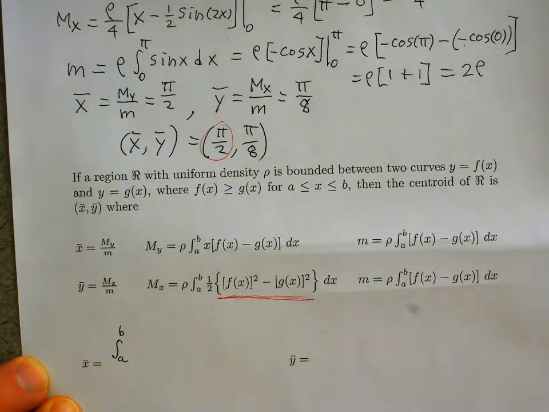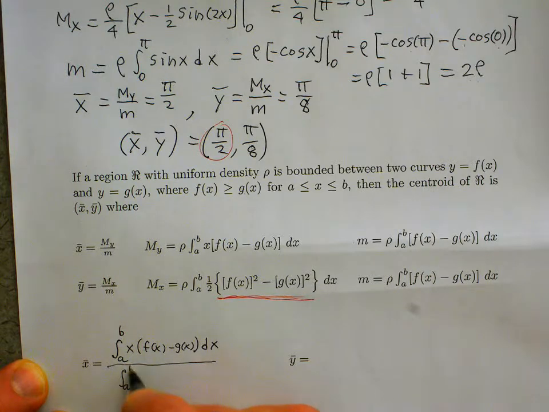So the definite integral from a to b of x times the quantity f of x minus g of x dx divided by the area of the region, because the rhos cancel, which is the definite integral from a to b of f of x minus g of x.